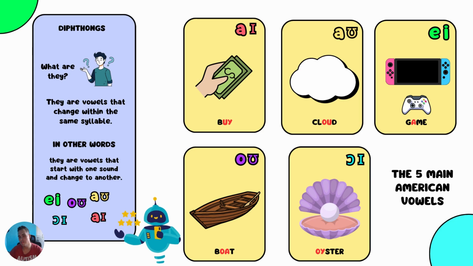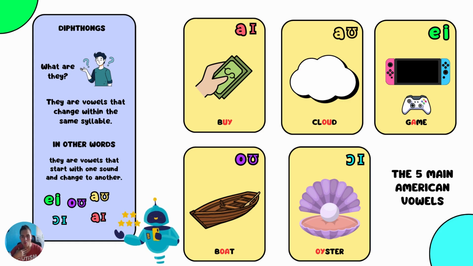Diphthongs. I'm going to put this very clearly because many people struggle with what diphthongs are, and I have seen many times that they don't know. But I will say diphthongs start with one sound and end with another sound, as simple as it sounds. For example, we have in the word buy, i.